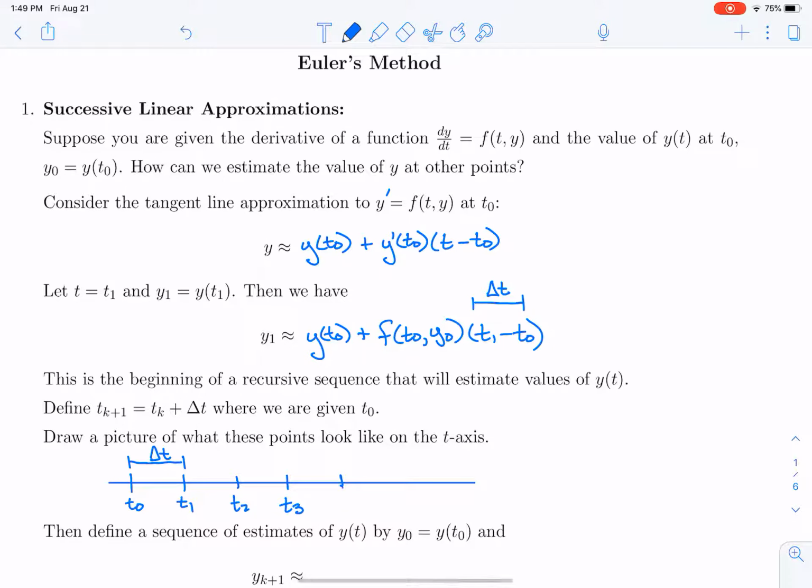And this will go on for a bit until we get to, say, tk, which is tk minus 1 plus delta t, and then tk plus 1, which is tk plus delta t. Importantly, we want to show here that the distance between each point is going to be some distance delta t. So this is a sequence of time values at which I'm going to approximate the solution to the differential equation.